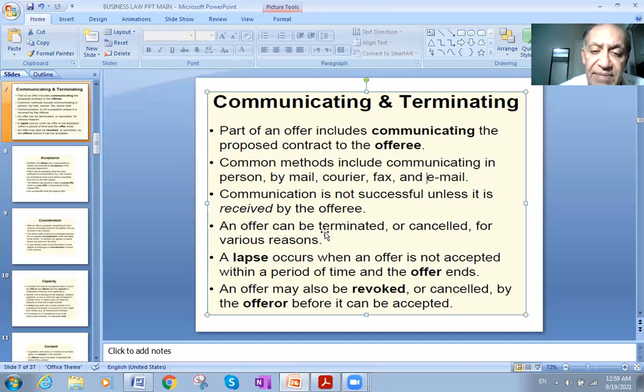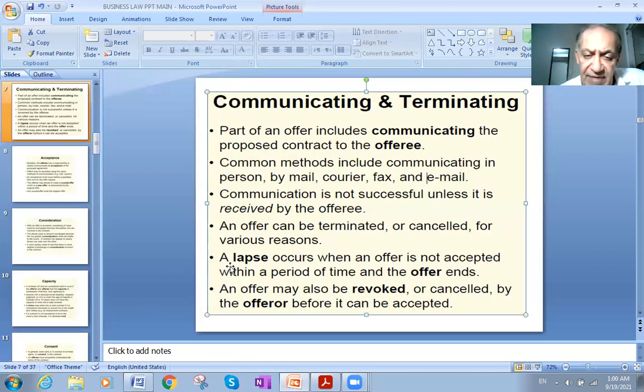An offer can be terminated or canceled for various reasons. Any offer is made by the prospective seller to the prospective buyer. The offer can be canceled or void in some cases.